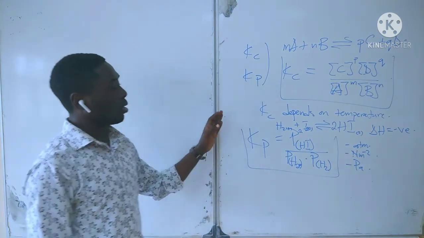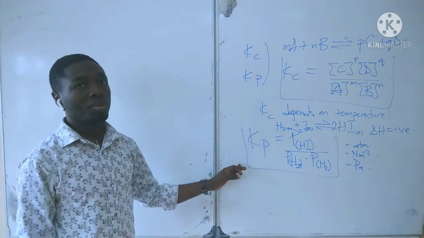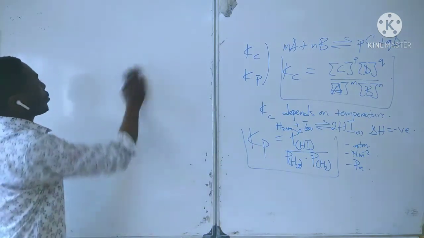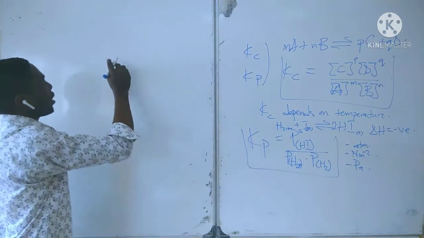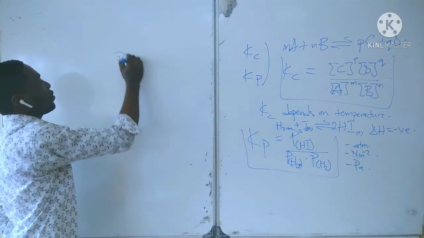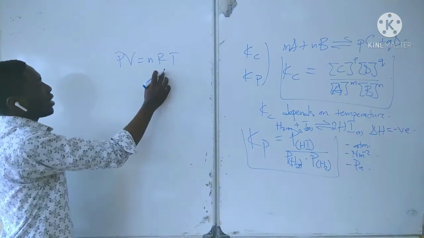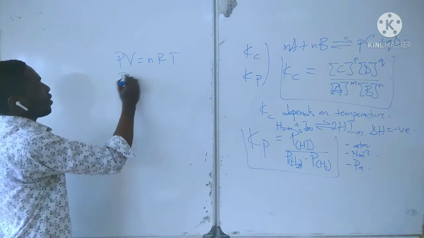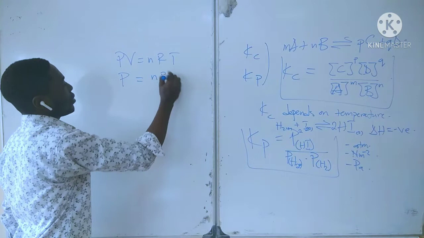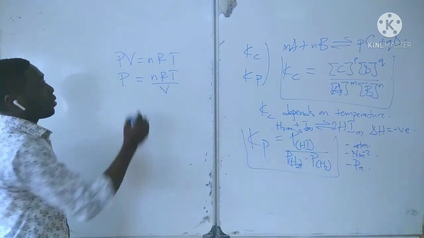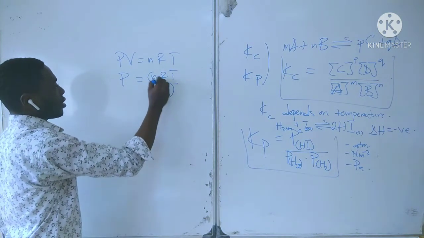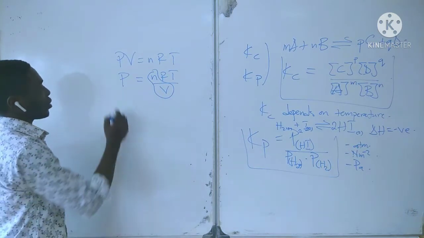Now, what is the relationship between Kc and Kp? Remember that we usually have the molar gas equation, PV equals nRT. If you divide both sides by the volume, you have P equals nRT over volume. But remember, number of moles divided by volume is equal to concentration.